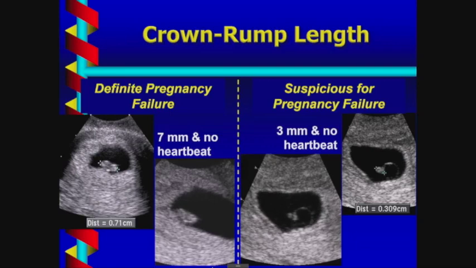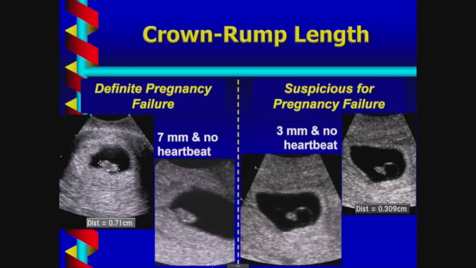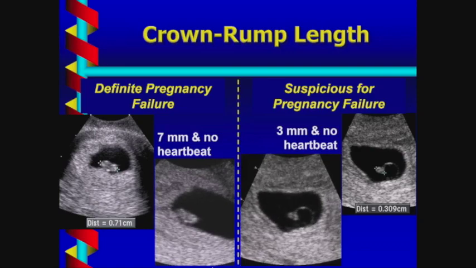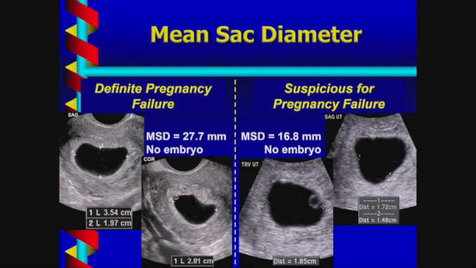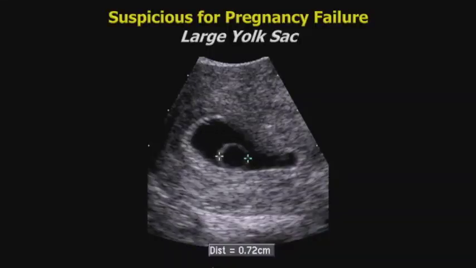Even if I see a 1 or 2 millimeter embryo with no heartbeat, that's a very, very abnormal finding because it indicates a high likelihood of pregnancy failure. Mean sac diameter, again, has criteria for definite and suspicious pregnancy failure. A large yolk sac, as in this case, is highly suspicious, though not quite definitive, for pregnancy failure.